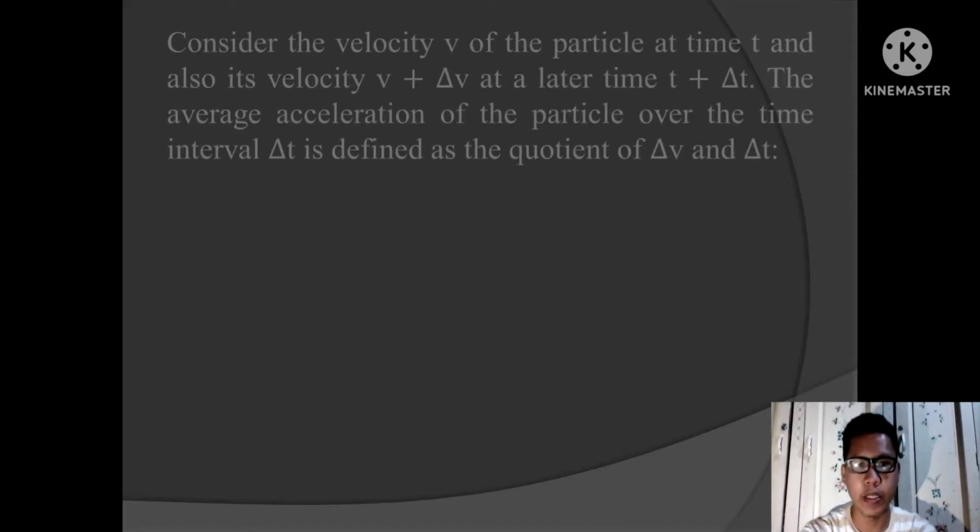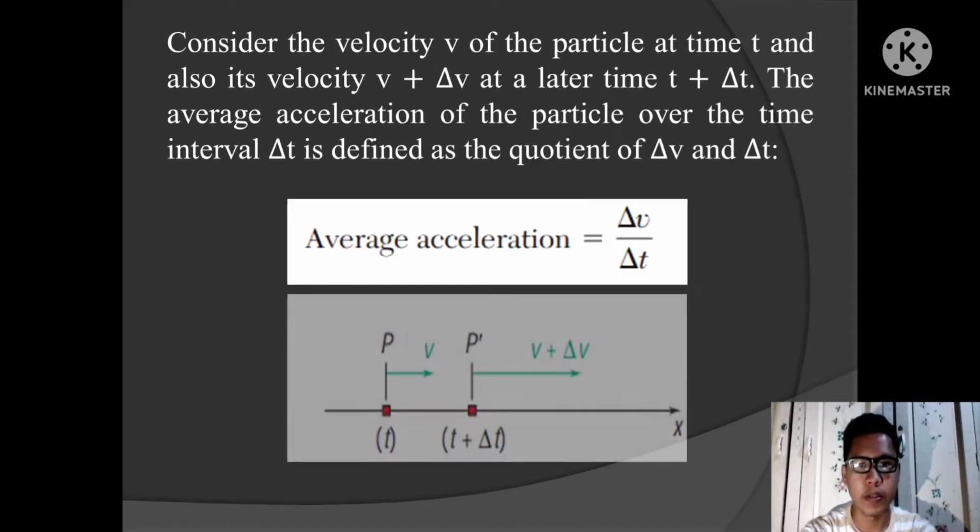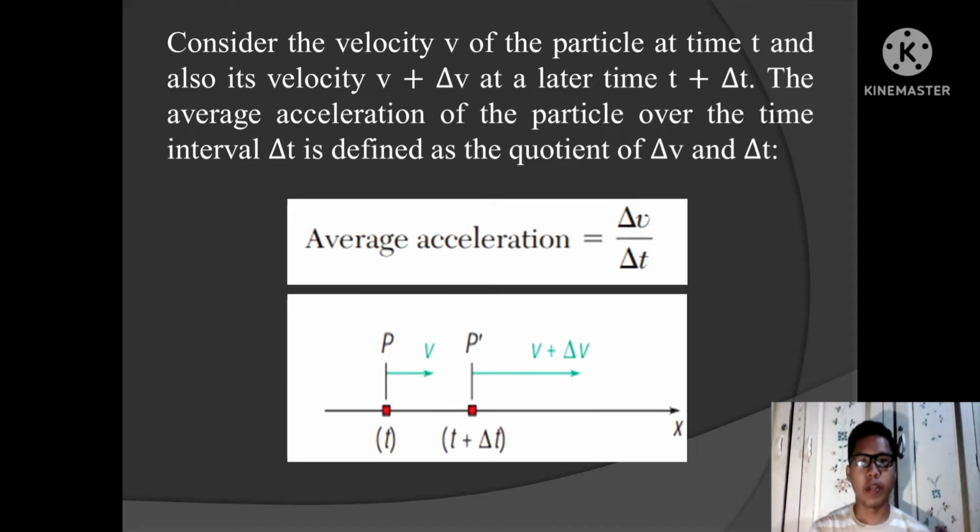So the next one is, in this figure, we consider the velocity v of the particle at a time t, and also its velocity v plus delta v at a later time t plus delta t.